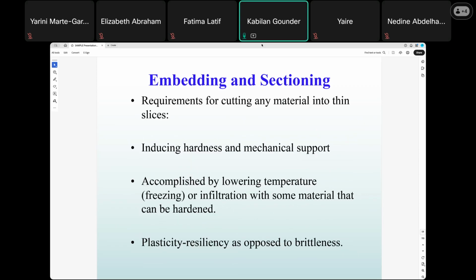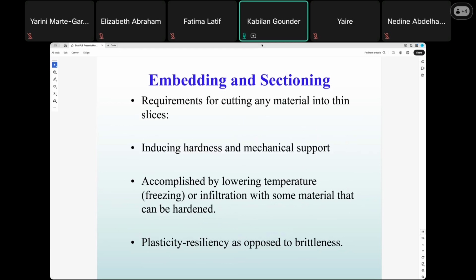Now you have dehydrated your samples. The next goal is to hold your samples for cutting. How do you hold your samples? They are very small pieces, 4 mm, 5 mm or 10 mm in size. It's very tough.